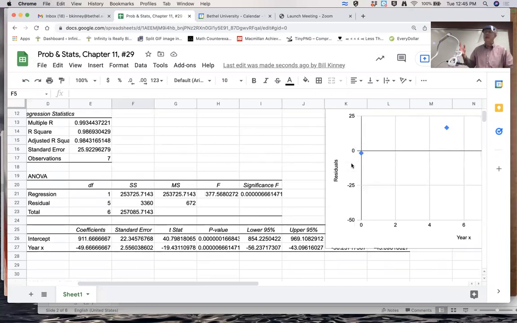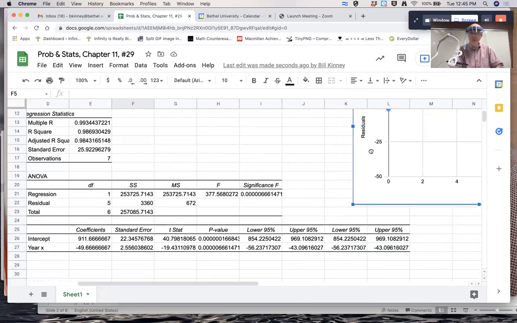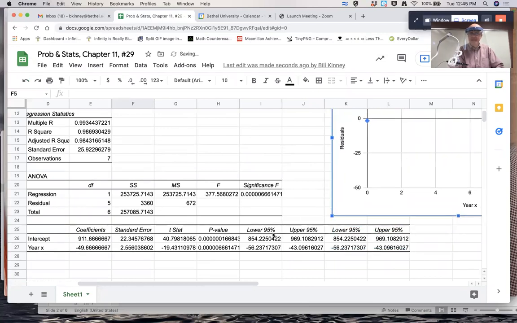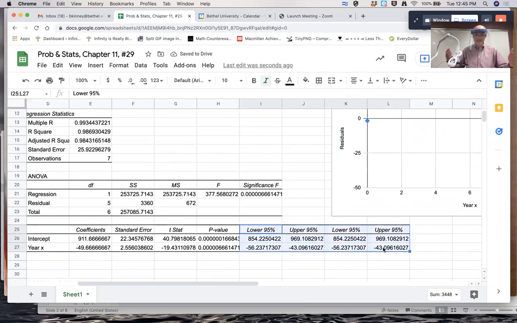Maybe this is why XLMiner gets lower ratings, because it repeats itself. Let me move this plot. Both in Excel and the Google Sheets, it redoes itself down here. Why is that stuff there twice? Why haven't they fixed it? It's the same information there twice.